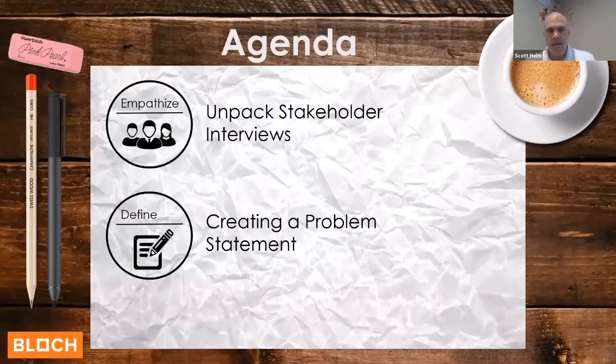Two is the extreme focus on spending time understanding the problem. The Kettering quote was in the description for today's session, but I also like the Einstein quote: if given an hour to solve a problem, I'd spend 55 minutes defining it and 5 coming up with the solutions. The idea is that we want to spend more of our time defining a problem, and then the solutions will evolve. Those are 2 characteristics of the design thinking approach that we think are particularly valuable.